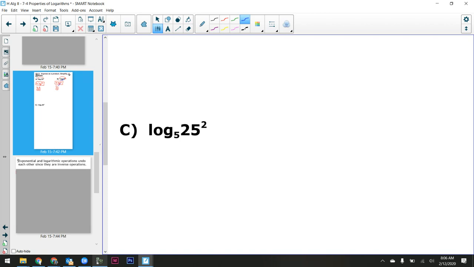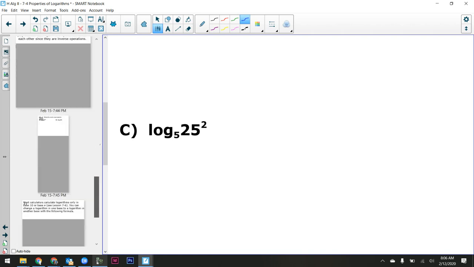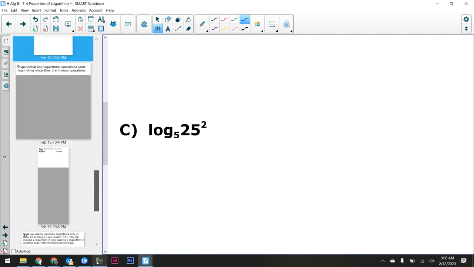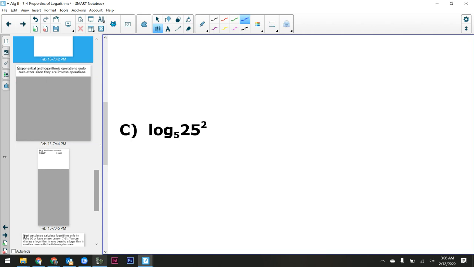Go ahead and do that one real quick. So again, that 2 comes around front, multiplies out front, becomes 2 times log base 5 of 25.